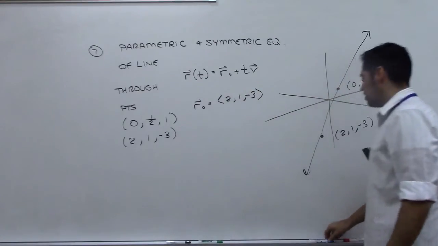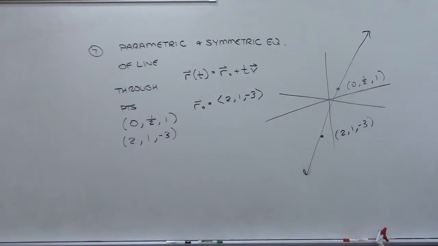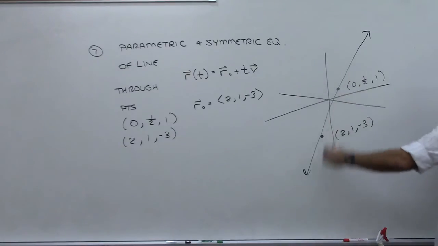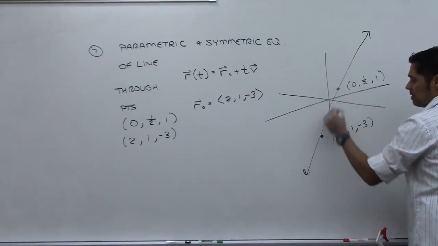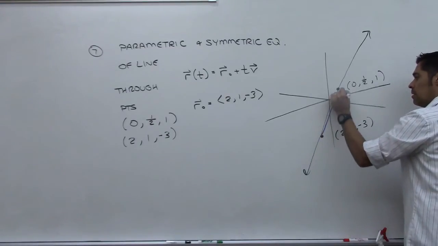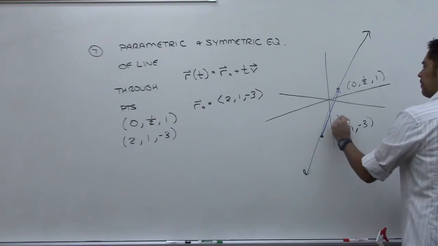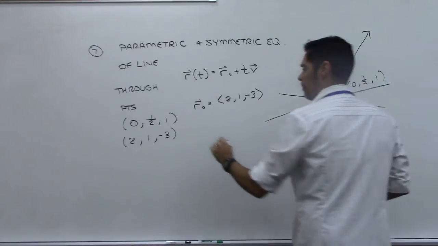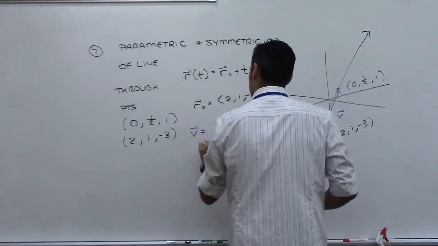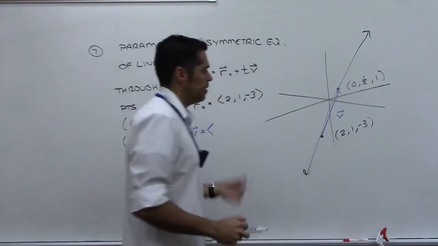And then the only thing left is to find a direction, the direction of this line. And when it comes to direction, it's a vector that points the same direction as this line. I can simply take the vector that goes from this point to this point, or the other direction. It can go the other way too. But I'm just going to pick that one. I'm going to call that one v. So what is v? Well, we know how to do this.